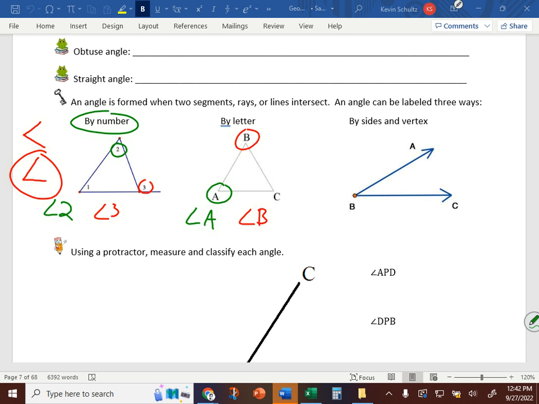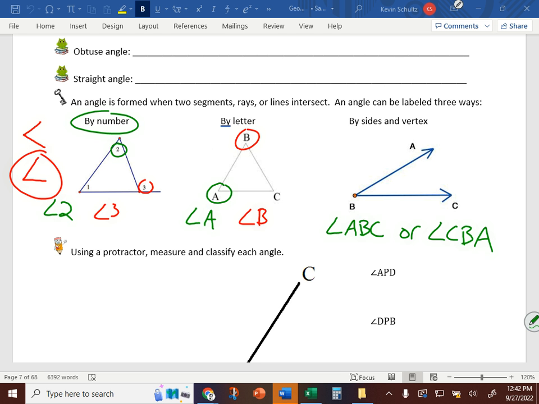So this angle here, the proper notation for it would be either angle ABC, meaning we're going from A to B at the vertex over to point C, or angle CBA, from point C over to vertex B and up to point A. The important thing is that B is in the center because B is the vertex of the angle.